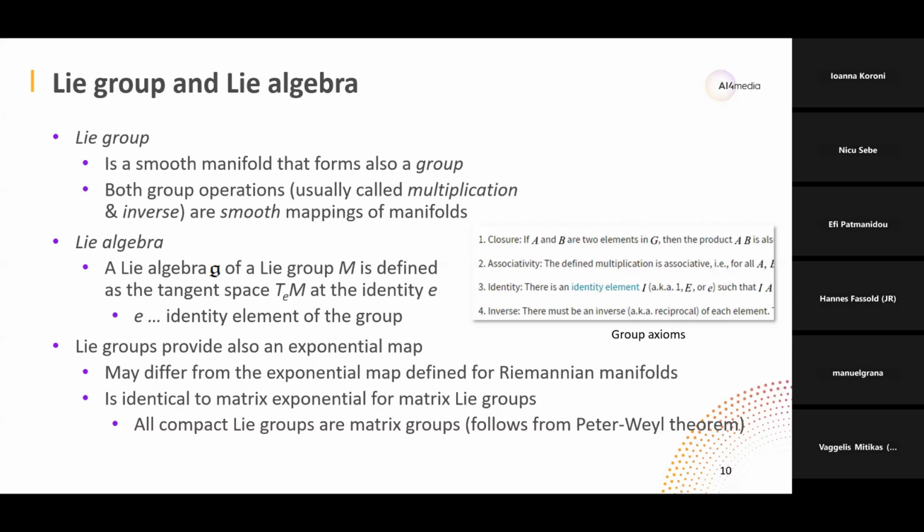And also there is a theorem which follows from the Peter-Weyl theorem, which states that all compact Lie groups are matrix groups. So then you have the normal matrix exponential, which can be computed in an efficient way in all numerical packages.